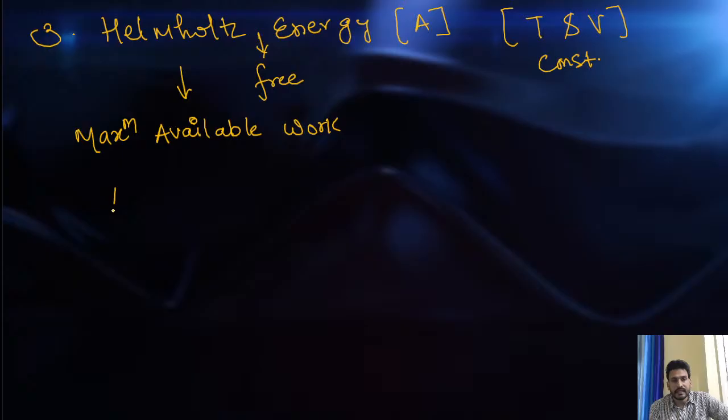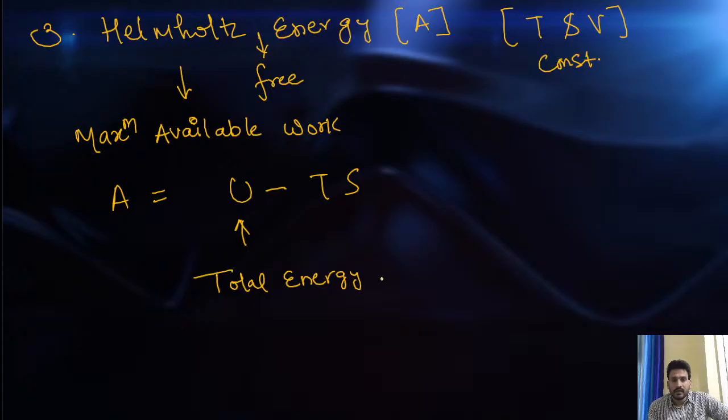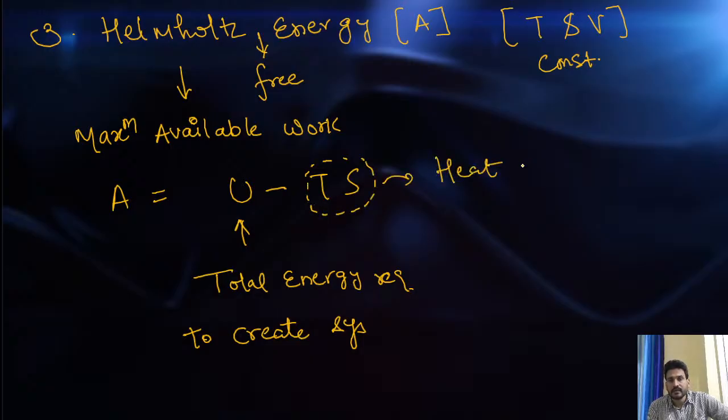See, A is equal to U minus Ts. Okay? So what is U? As you know, it is the total energy which is required to create the system. And what is the Ts? Ts is heat received by the system from its surrounding.